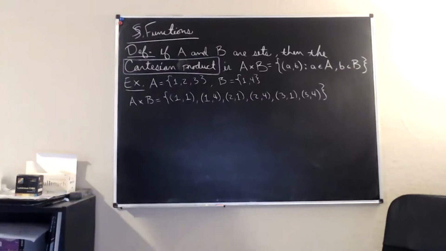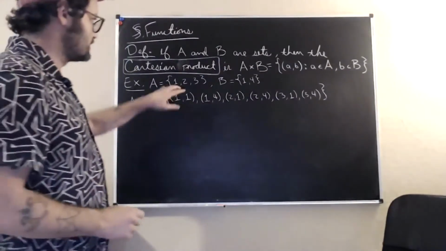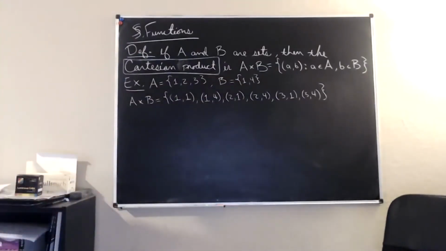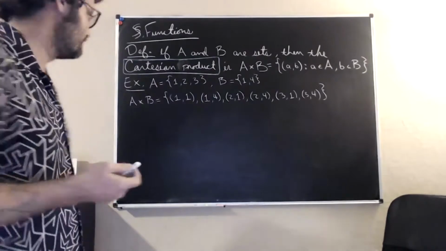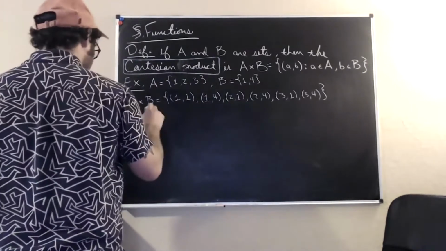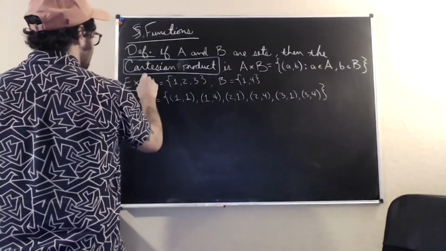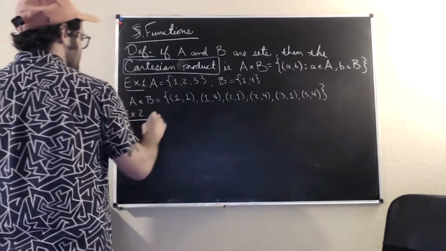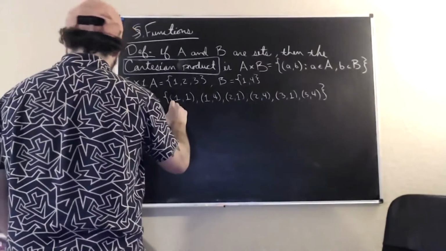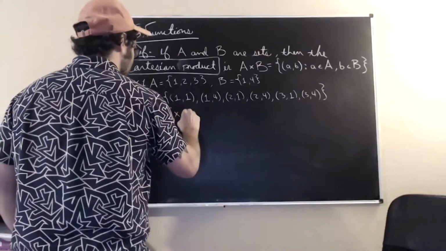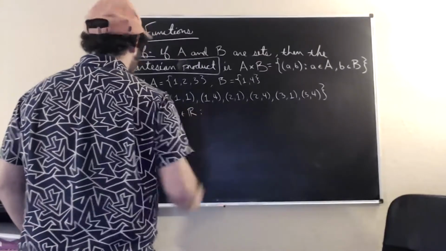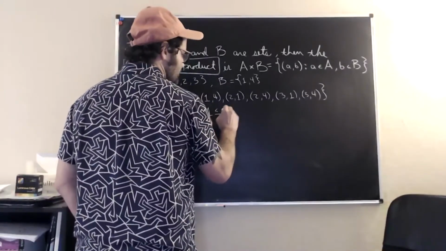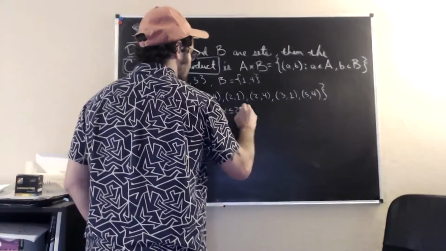Okay, so this is with a discrete collection of sets. So these are discrete sets here, but we can also look at Cartesian products of continuous sets, the real number line. So I'll call this example 1, and call this example 2. Maybe A is the set of all real numbers x such that 1 is less than or equal to x, which is less than or equal to 2.